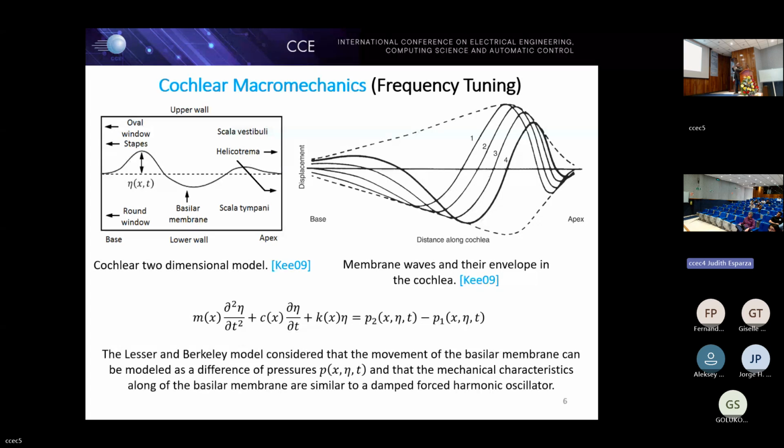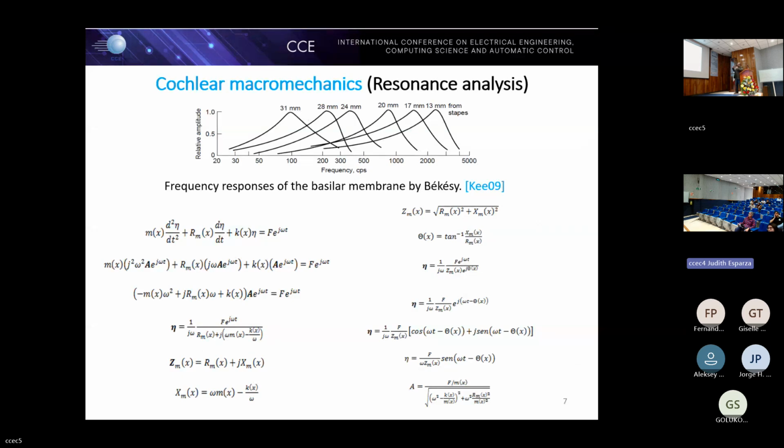This work was proposed by Lesser and Berkley. Lesser and Berkley in their work proposed this form to give a solution to this specific schematic in the cochlea. The next, please. This is validated with the work of Békésy. Békésy, the winner of the Nobel Prize, presented this relation.